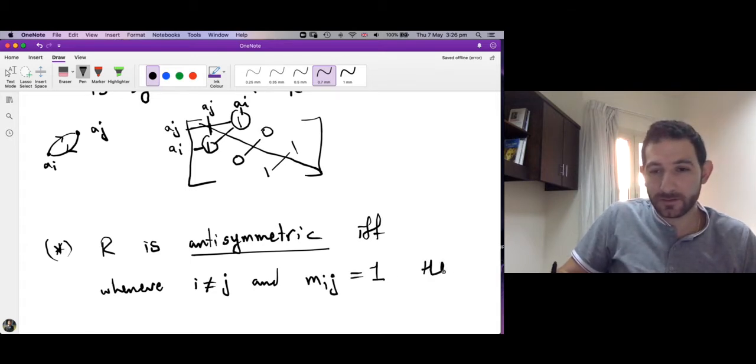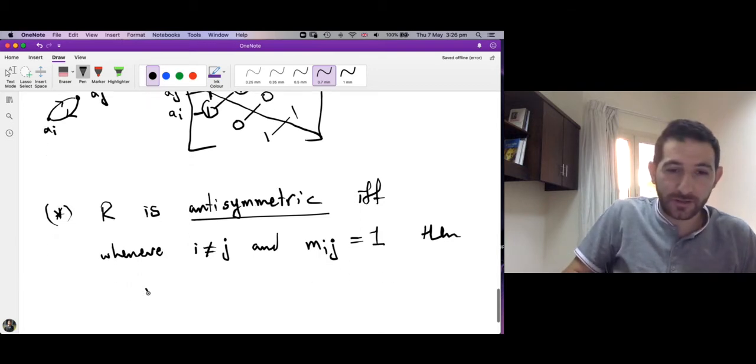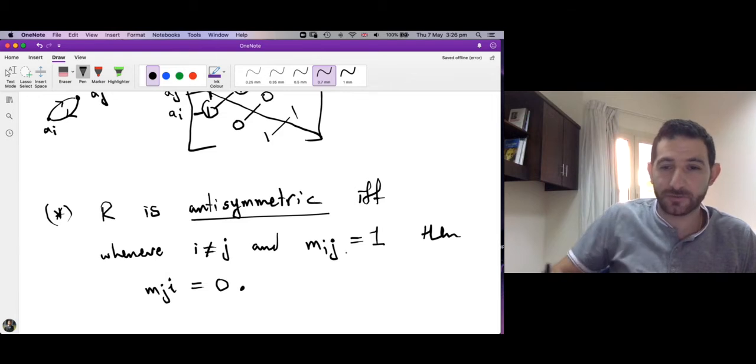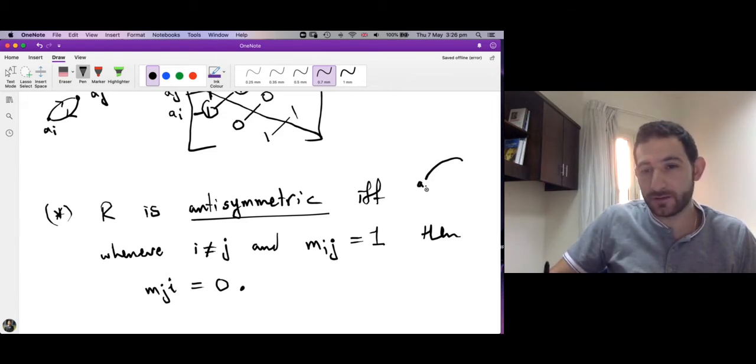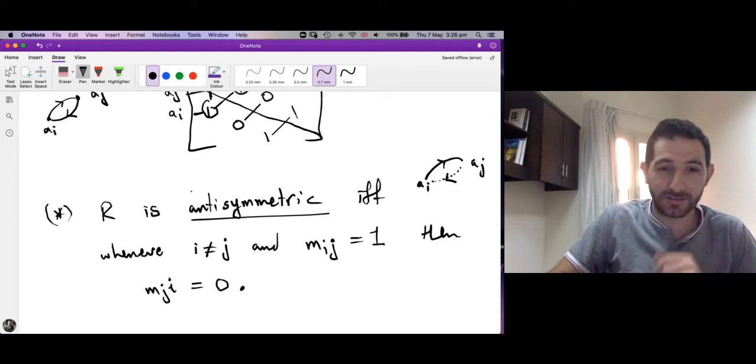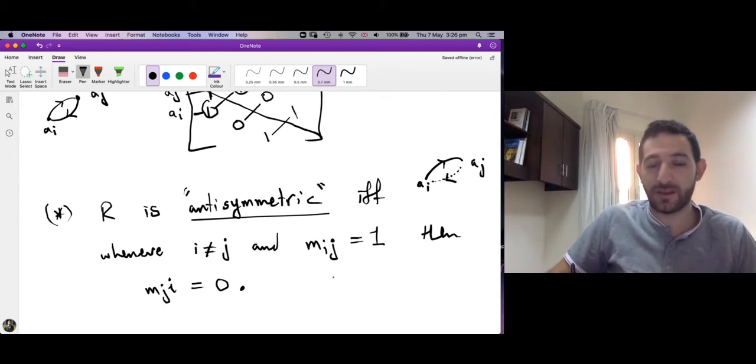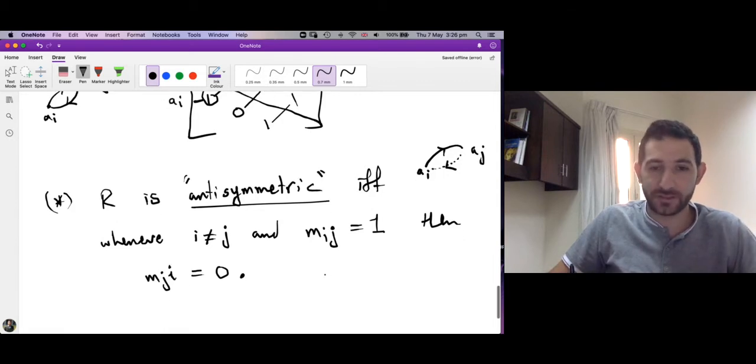Then MJI must be 0. So it means if AI is related to AJ and AI and AJ are different, then there should not be a reverse arrow. You need to see the antisymmetry definition.